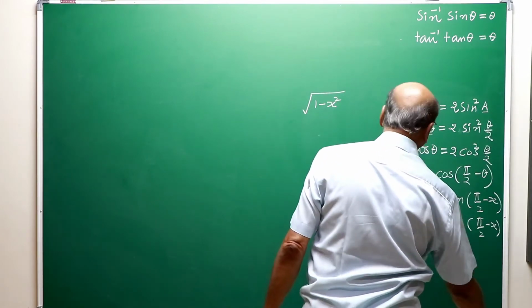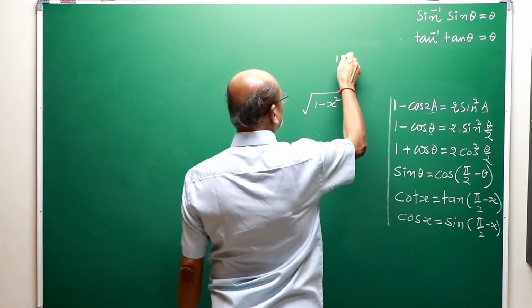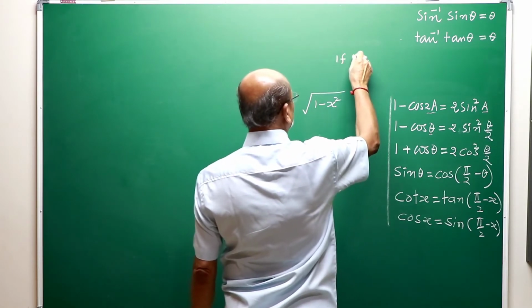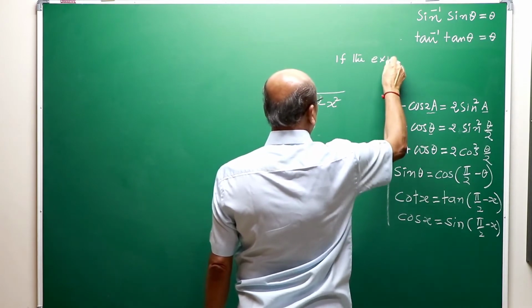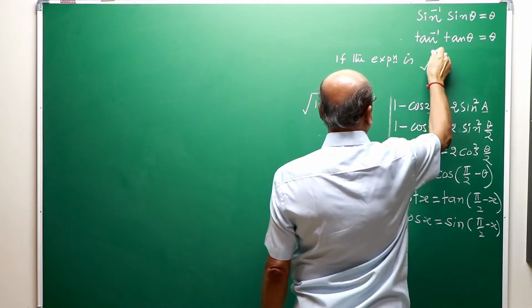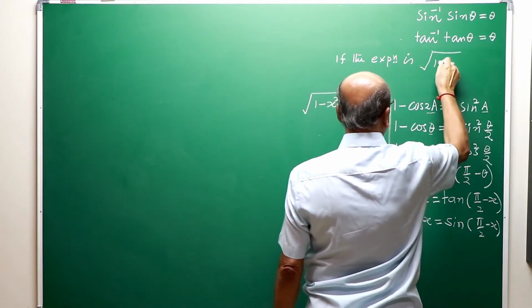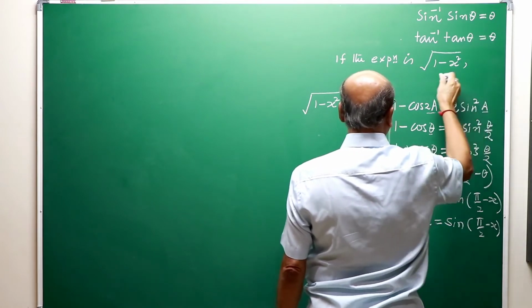If the given expression is root 1 minus x square, put x equal to sine theta.